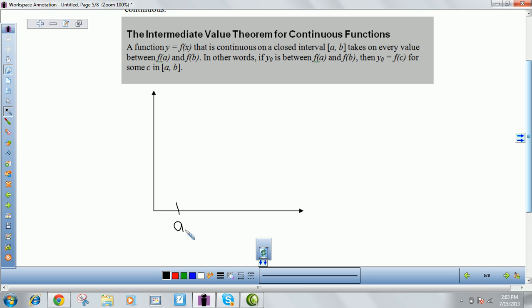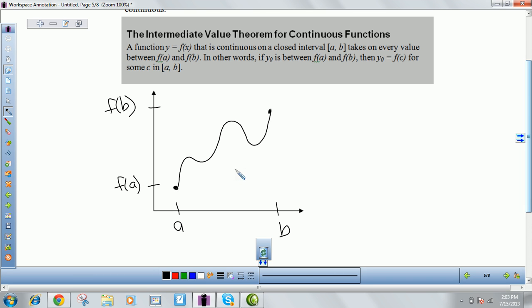Let's say you have a function that goes from A to B. So that means that it starts at a y value of f of A and ends at a y value f of B. And between A and B, it can look like anything as long as it's a function, passes the vertical line test. So let's say it just looks like this. That's our function. Okay? Doesn't matter what it looks like.